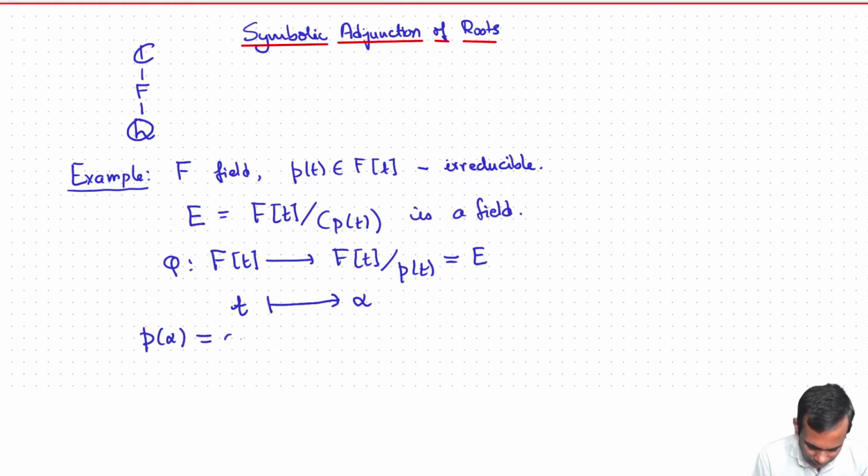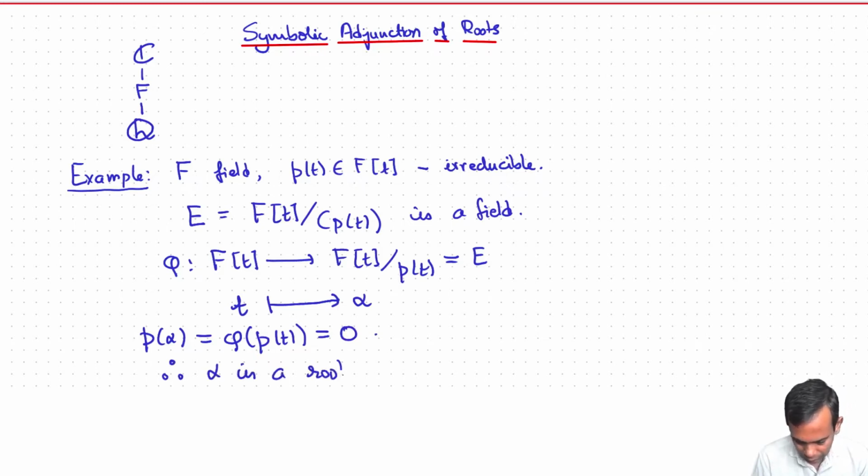It's the image of p(t), and that must be 0 since p(t) goes to 0 under the map phi. Therefore, alpha is a root of p(t). So in the simplest example, what we've done is we've started with a field and an irreducible polynomial with coefficients in that field, and then we've constructed a field extension where that polynomial has a root.